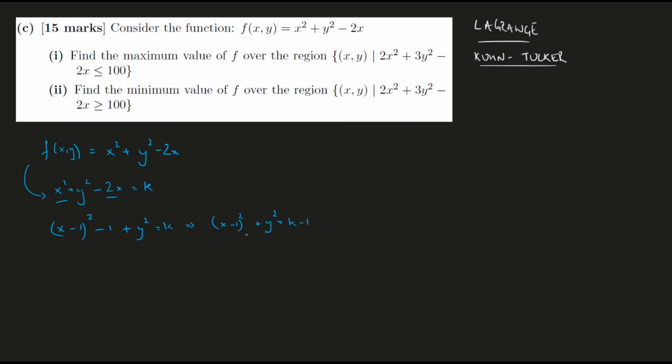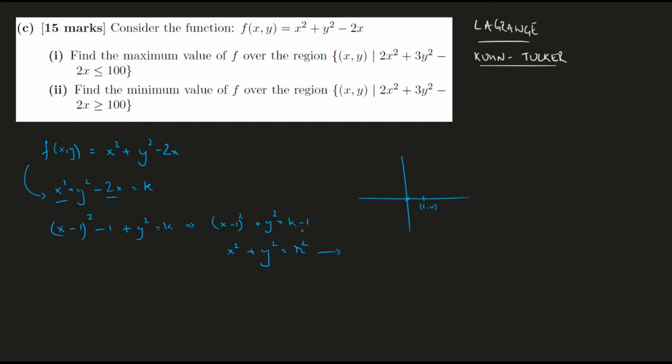Now if you compare this equation with the standard equation of a circle, which looks something like this, this circle has its center at the origin and a radius of r. But the equation that we have has its center at x equal to 1 and y equal to 0.